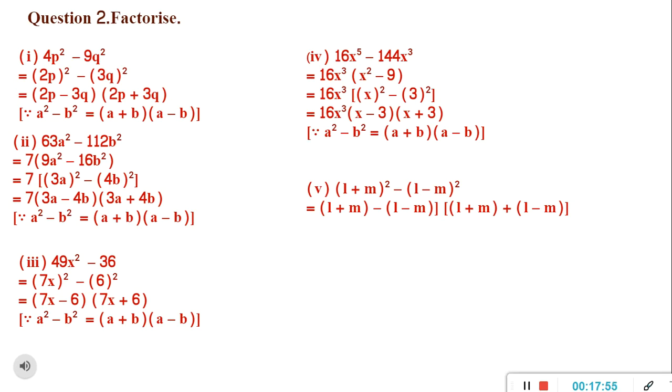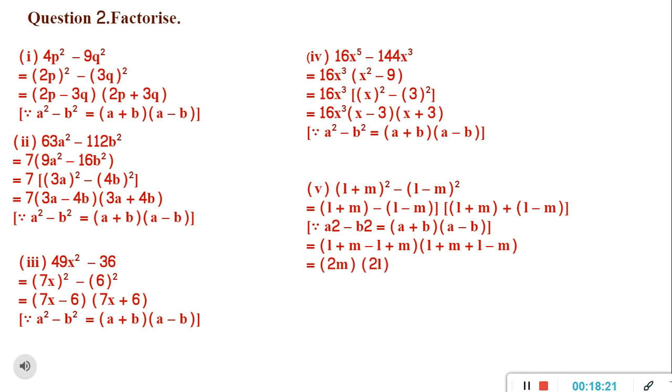Now if we open the bracket, here what will come? L plus m minus L minus into minus plus m. Same way here L plus m plus L minus m. Now take together, L and L will cancel here, m and m, 2m will remain. Here also m and m will cancel and L plus L, 2L will be there.